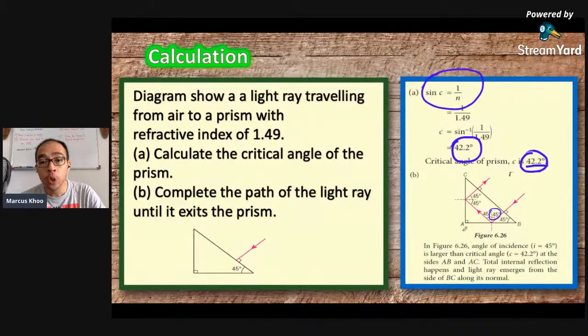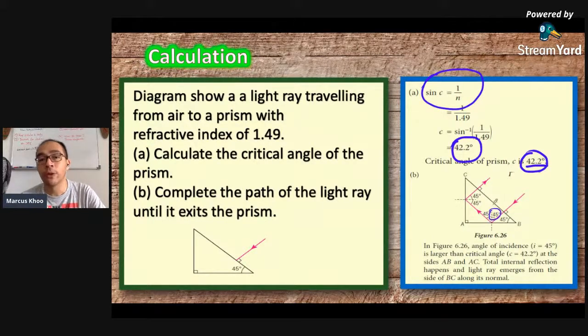There will be no refraction because the angle of incidence is bigger than 42.2. So it is reflected over here, then you draw another normal over here, then you calculate the angle, which is also 45 degrees. So therefore, it will be totally internally reflected once again. So that's how you complete the path of the light ray.